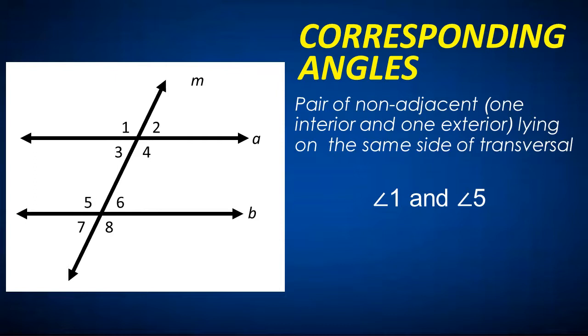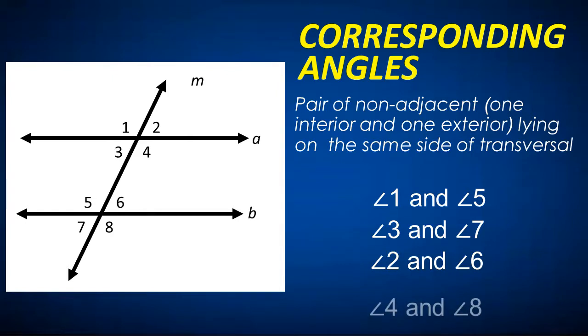So aside from angle 1 and angle 5, can you name corresponding angles from the given figure? So we have angle 3 and angle 7, correct? We have angle 2 and angle 6, correct? And then, last one is angle 4 and angle 8.